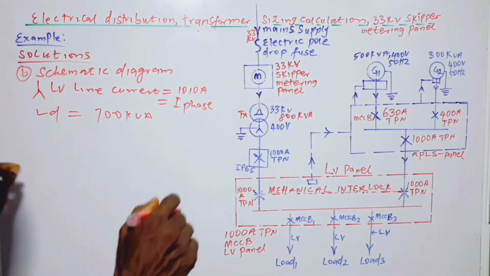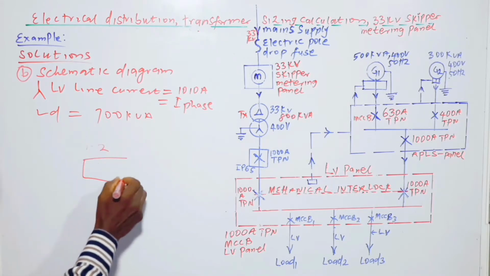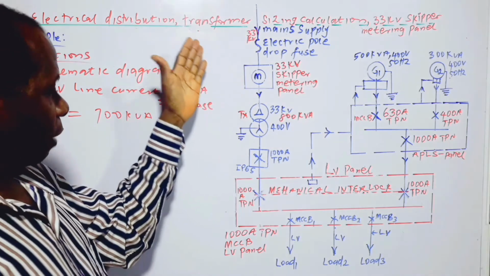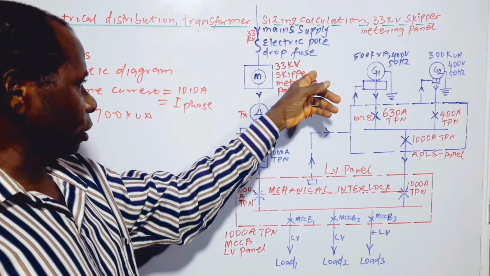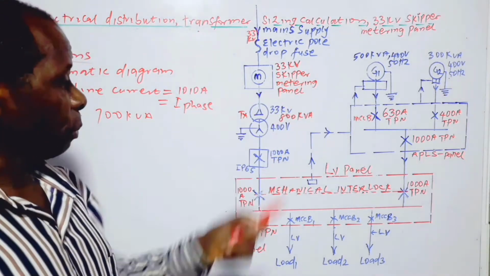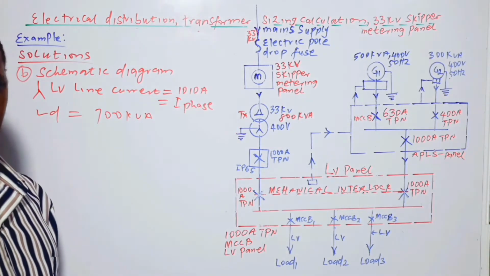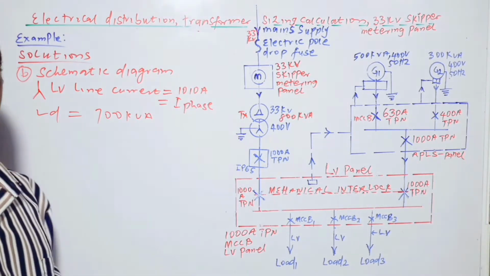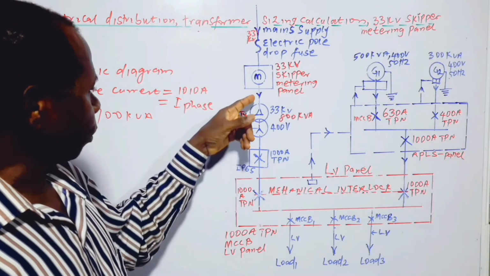The dimension is just about 1.2 by 1.2 by 1.2 meters in height as well, so it's a very small panel. The word skipper is the name of the manufacturer of the metering panel, which is common in some parts of West Africa. All right, so we move on.